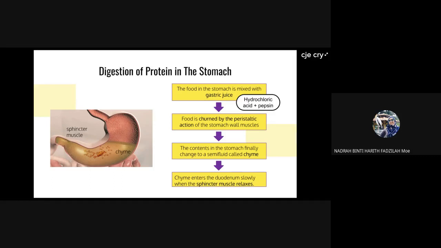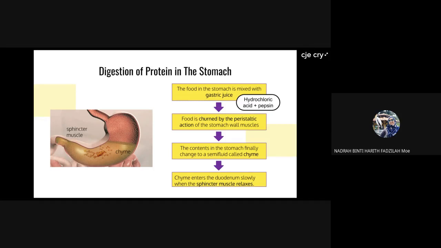Because of peristalsis, it will mix the food with gastric juice to increase the rate of digestion. And then bolus, sekarang sebab dia dah terendam dalam gastric juice, it will form a semi-fluid called chyme.